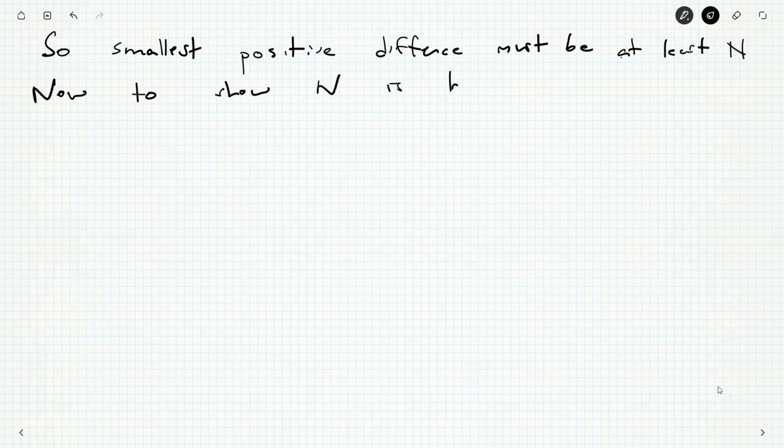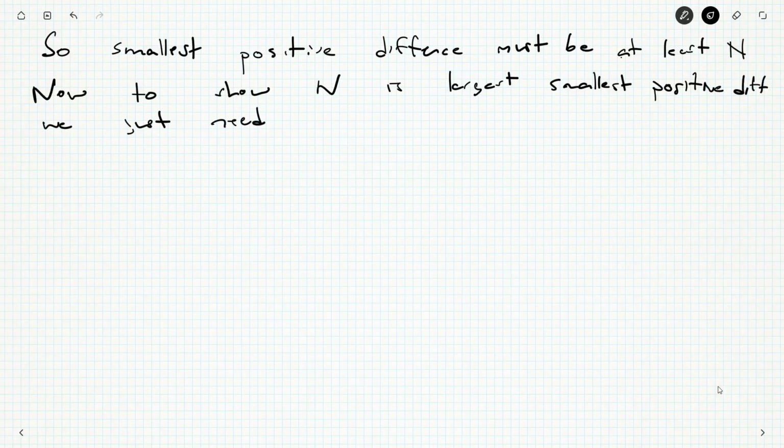So to show n is the largest smallest positive difference, we just need to find a list with n as the smallest positive difference.